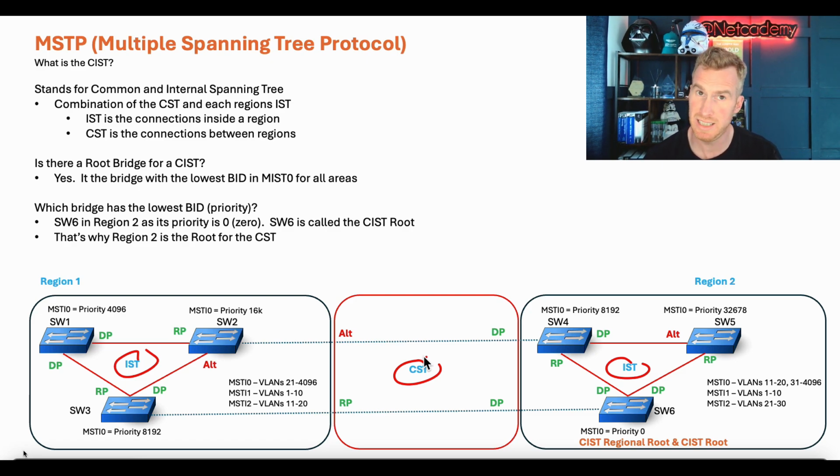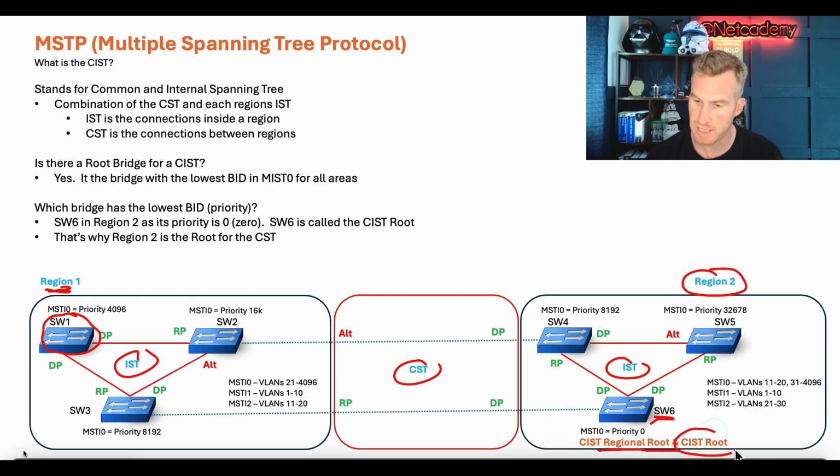And in each region, you're going to have a regional root that is going to be elected, decided by the best or lowest priority. We could say switch 1 is the regional root for region 1, and switch 6 is the regional root for region 2.